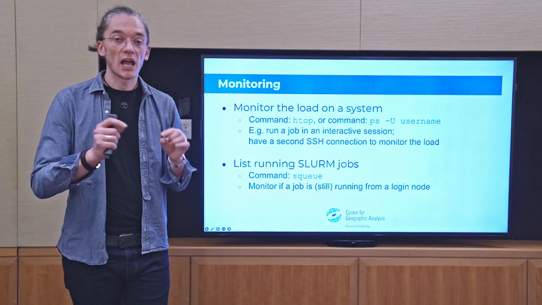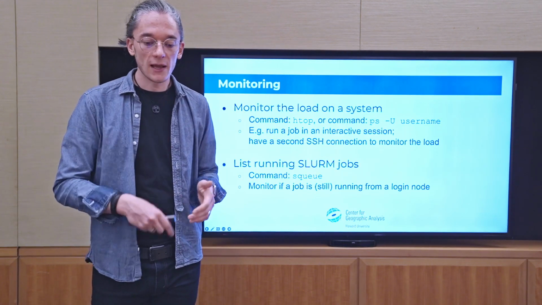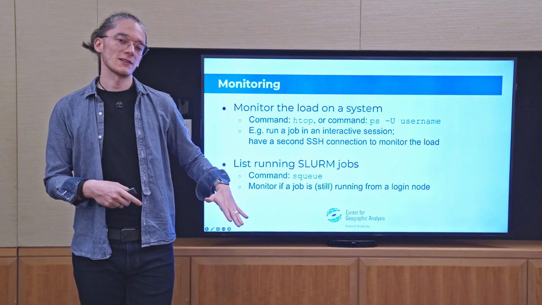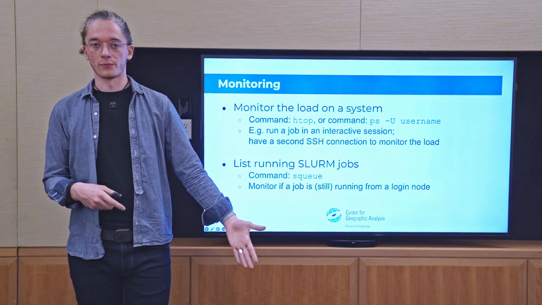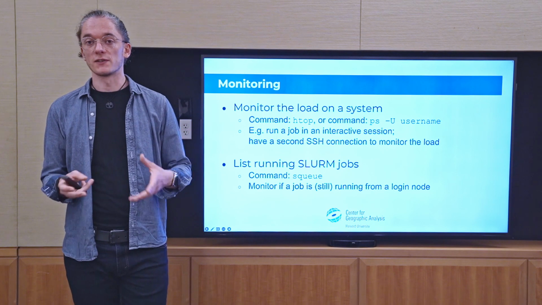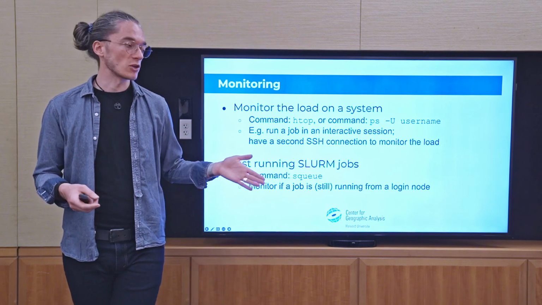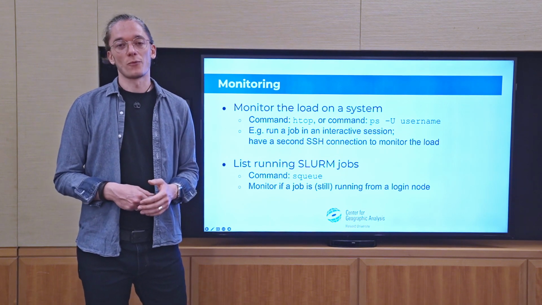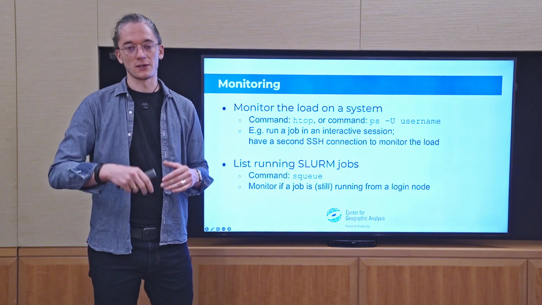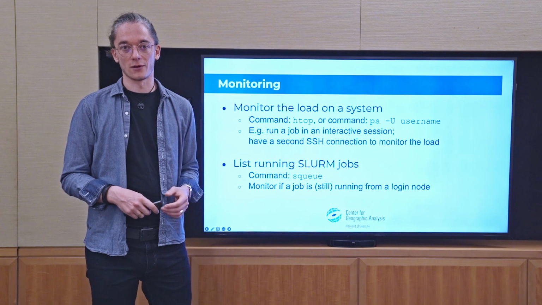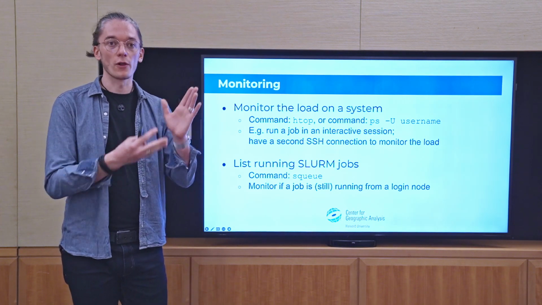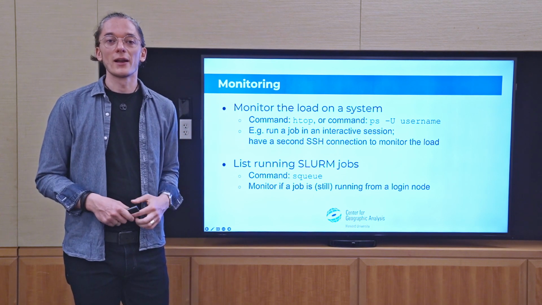And then you can run htop or just top or ps -U and then your username. That gives you a list of all the processes that are running in your name. That is very handy to see how many processes are running, especially if you've included multiprocessing or parallelization in your program. Then you can see if there are really different processes being started in your script. Or with using htop, you will see all the processes that are running on this node.